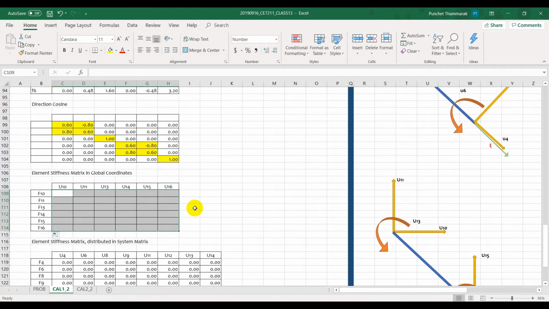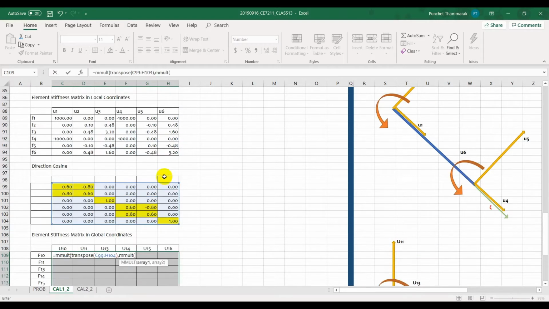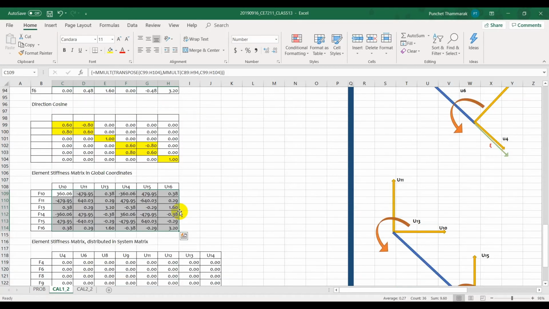Now I'll be making the matrix which is transformed already. So this is the MMULT of the transpose of the direction cosine, and then we multiply it with the MMULT of this stiffness matrix and this direction cosine without transpose. There you go.